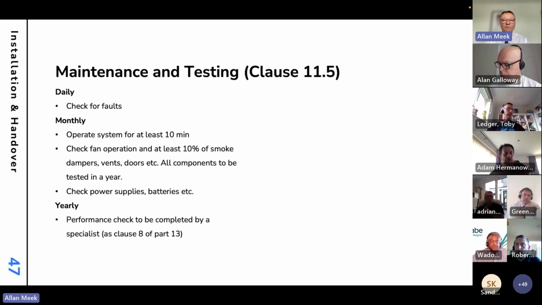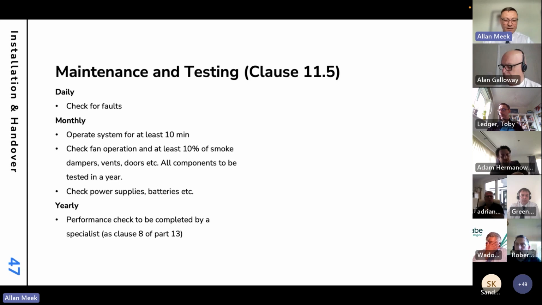So 10% of air release dampers, for example, with all components being tested in a year. And then also to check the power supplies, standby power supplies, check batteries, etc. So that's the monthly tests, which could be by a trained in-house personnel or a specialist.